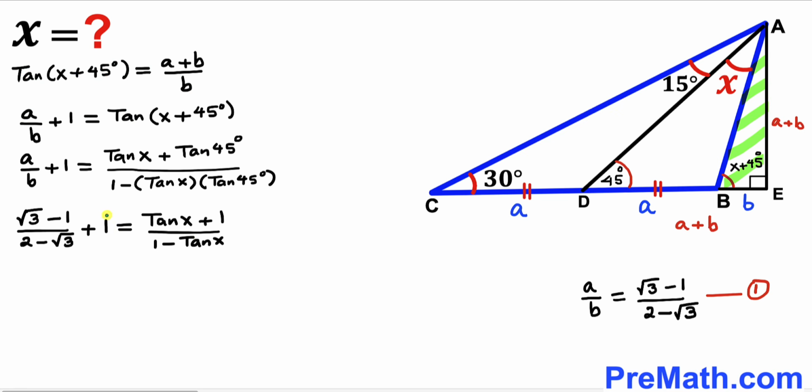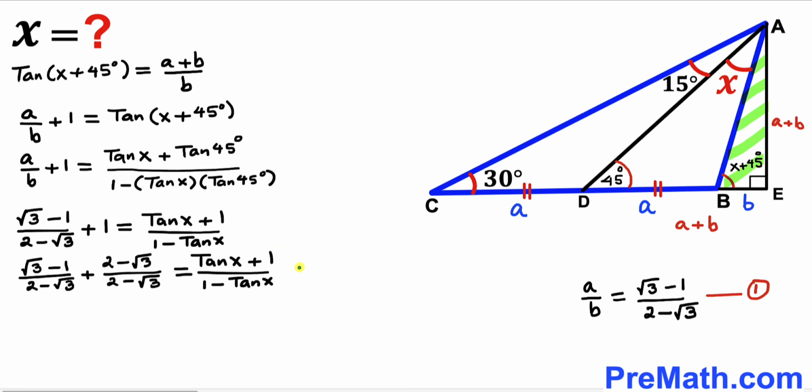And here in this next step, I can tweak this one. 1 could be written as (2 minus square root of 3) divided by (2 minus square root of 3) as well. As you can see in this next step, I have replaced this one by this.